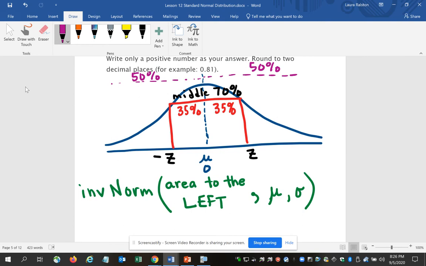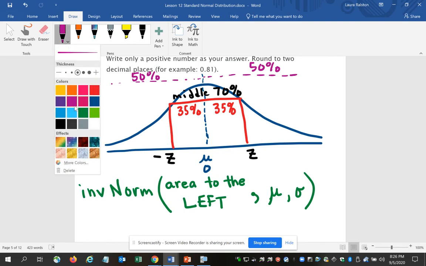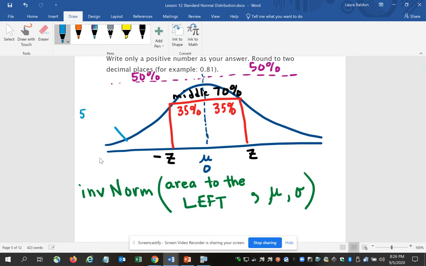The mean is my dividing line. So if I have 50% over here and I'm using 35%, that means out here in this little tail, this little region on the end, I'm going to have 50% minus 35%, which is 15%. Now we do like to write that as a decimal, so 15% as a decimal would be 0.15. So that's the area.